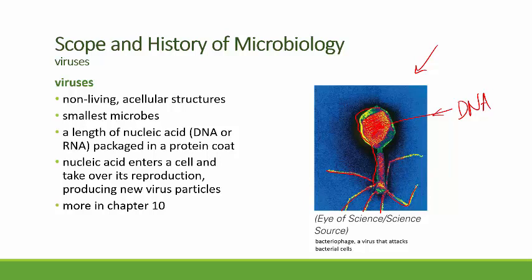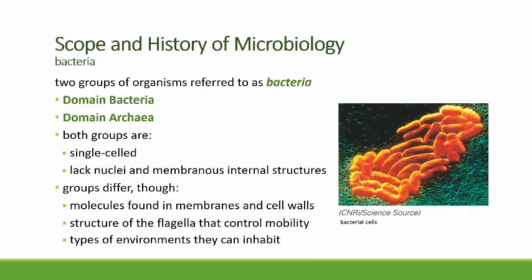One is that the cell just fills up with these virus particles, dies, and then bursts open, releasing new virus particles out. Or the cell continues to live, and it begins constantly shedding a few of the virus particles at a low level. We are going to discuss this a lot more when we get to chapter 10. Okay, so those are the viruses.